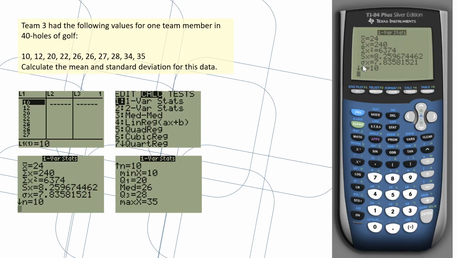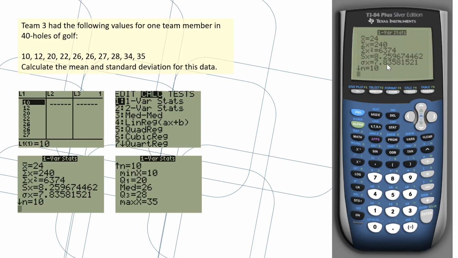I'm actually using all the data that was available, so this is based on a population. So this is the lowercase Greek letter sigma. It's kind of like an O that's trailing off this way, so sigma x, and the standard deviation is 7.8.